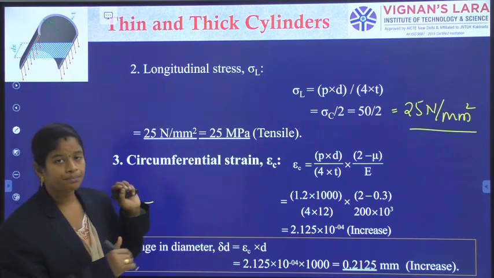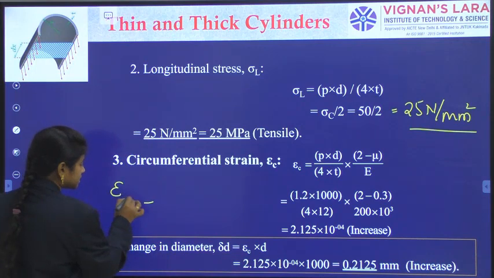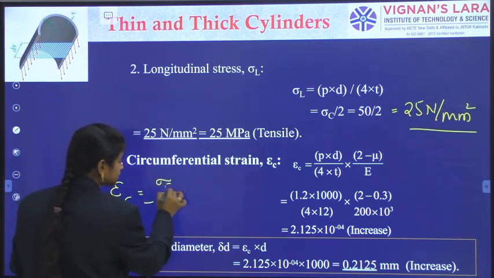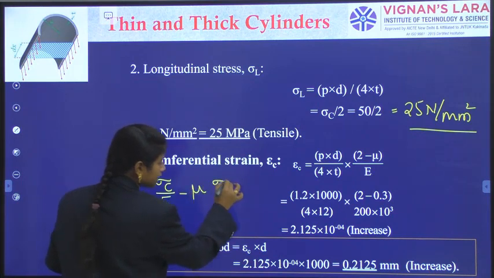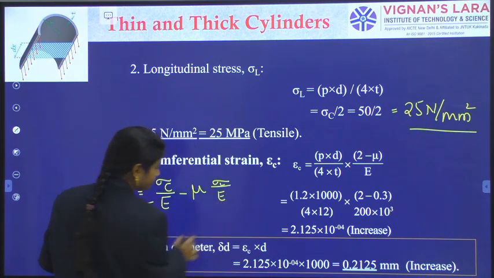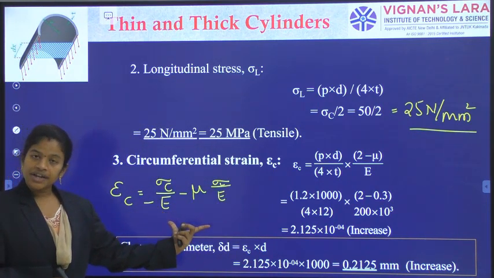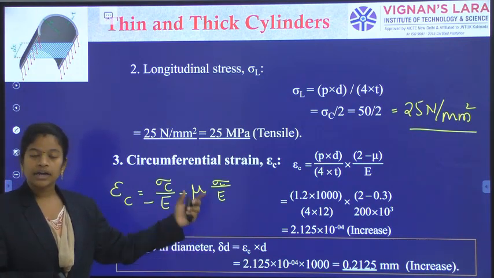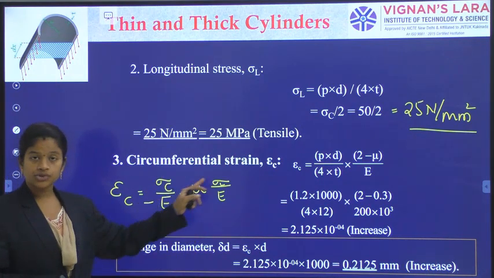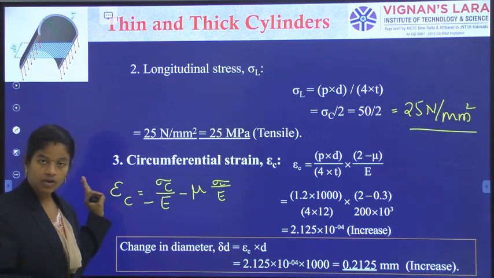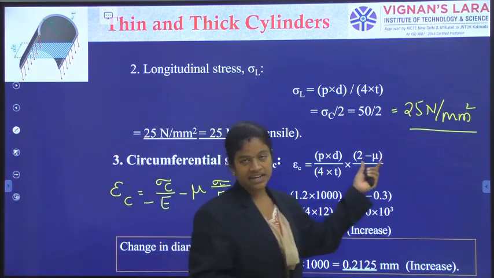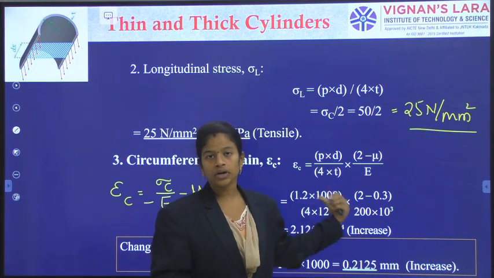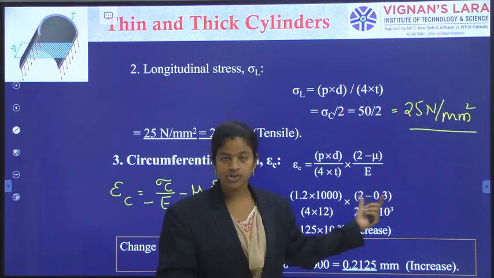Otherwise, you can simply write epsilon C is equal to sigma C by capital E minus mu times sigma L by capital E. From here you can substitute directly, or from PD by 2T and PD by 4T substitution, taking out the commons, PD by 4TE into 2 minus mu.